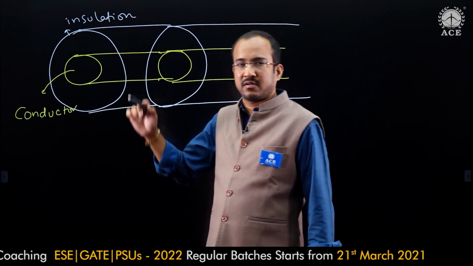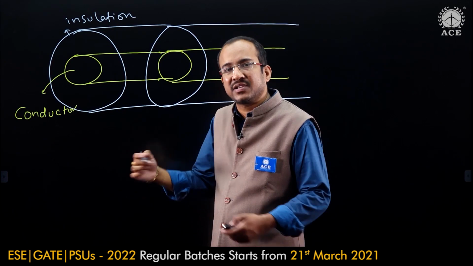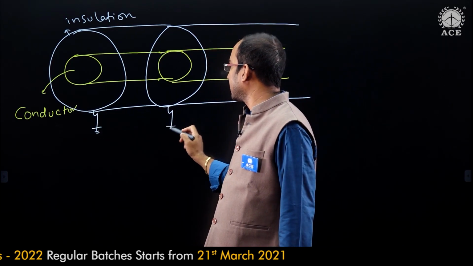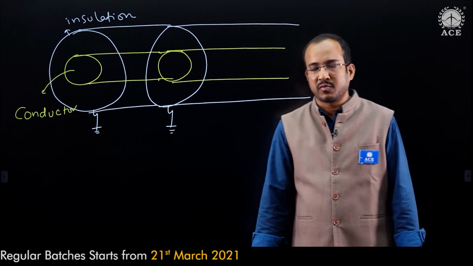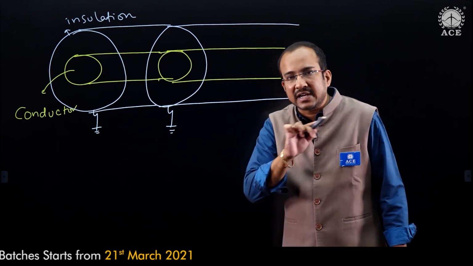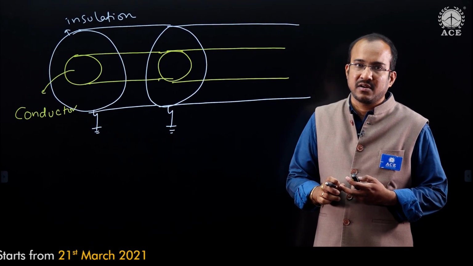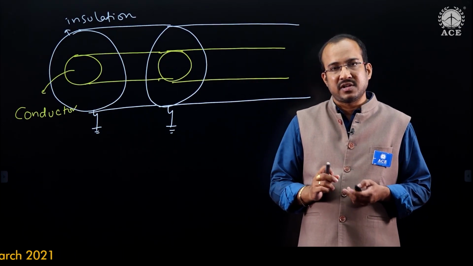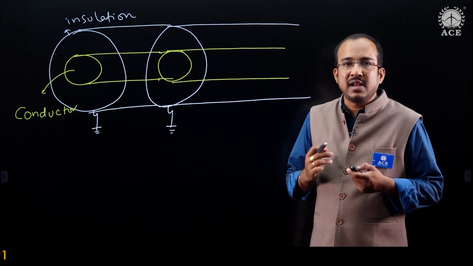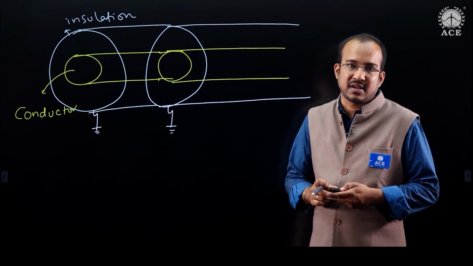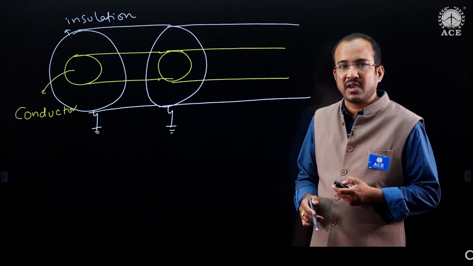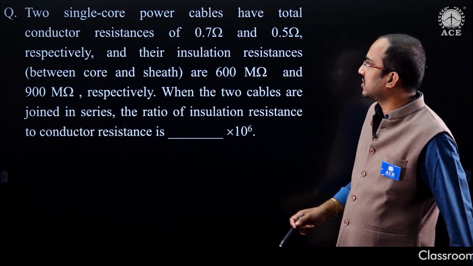Now, over this insulation we have a metallic sheath. That sheath will be at ground potential. The purpose of the conductor is to carry the current or transfer the power, and the purpose of insulation is to avoid the leakage current. Generally, the conductor resistance will be low and the insulation resistance will be high. Now, let us observe the question.